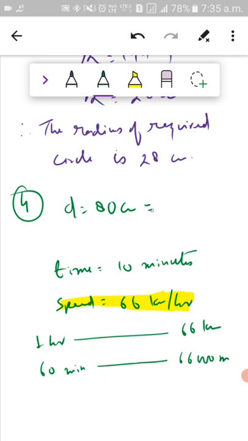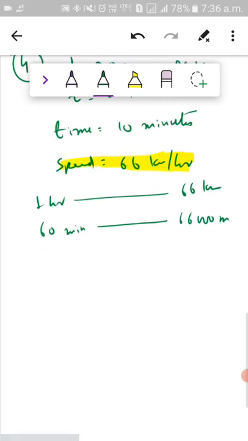So I'm going to change 80 centimeter into meters also, right? So radius will be what? 0.4 meters, right?